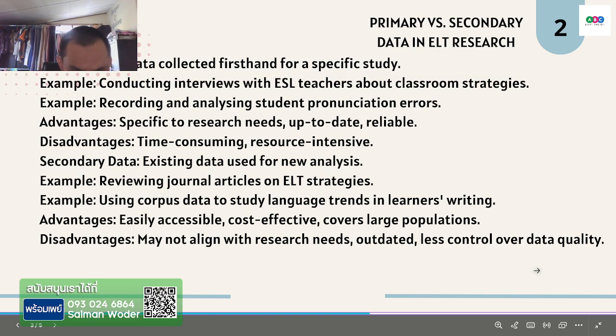However, the data might not be perfectly aligned with your research questions, and you have no control over its quality, right? So, for example, transcripts of spoken English from language corpora, results from large-scale language proficiency tests, student essays or assignments from previous semesters, or policy documents related to language education.